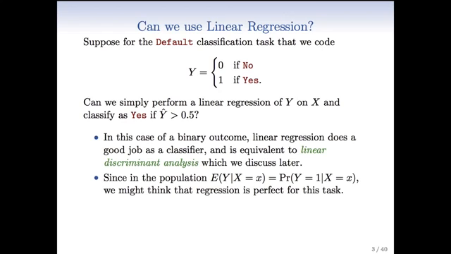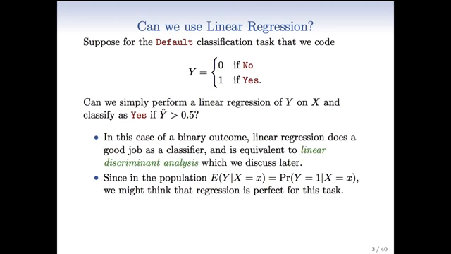Turns out that you actually can do this. For a binary outcome, linear regression does a pretty good job and is equivalent to linear discriminant analysis, and that's something we're going to discuss later. So for a two-class classification problem like this, it doesn't do a bad job at all. And there's even some theoretical justification.